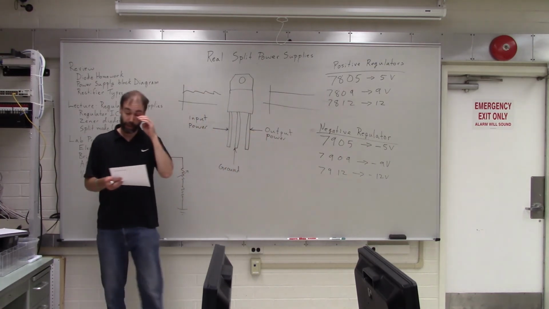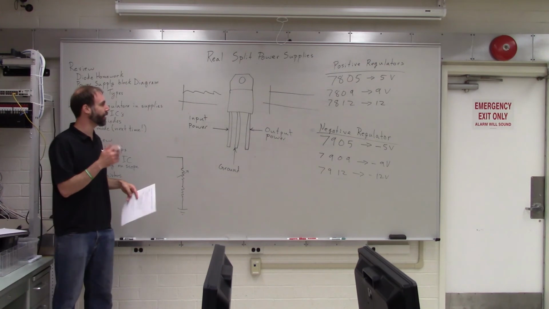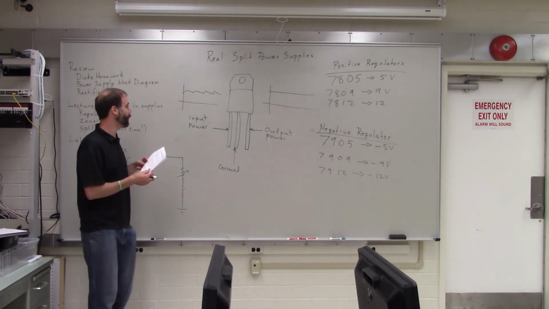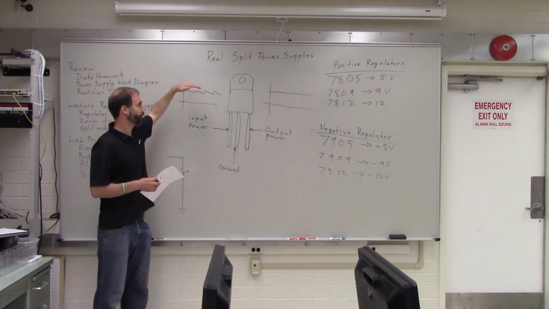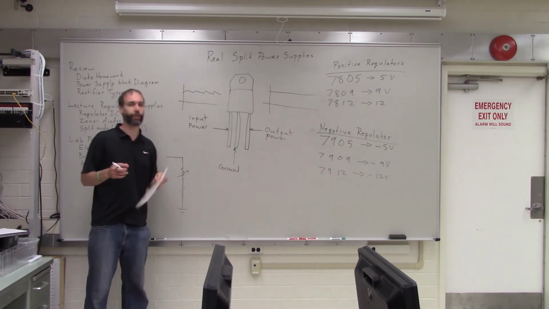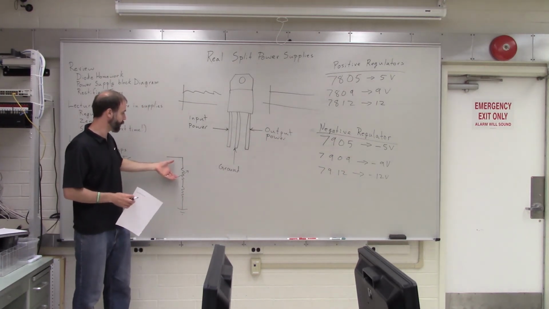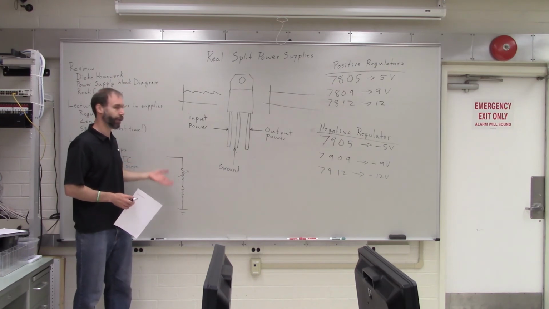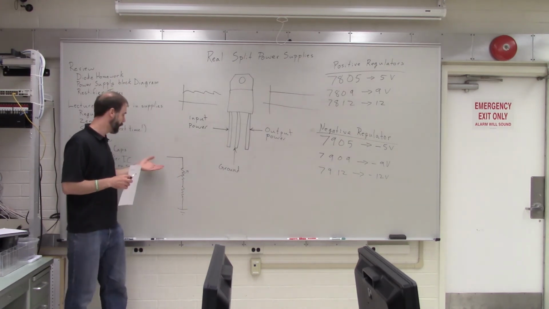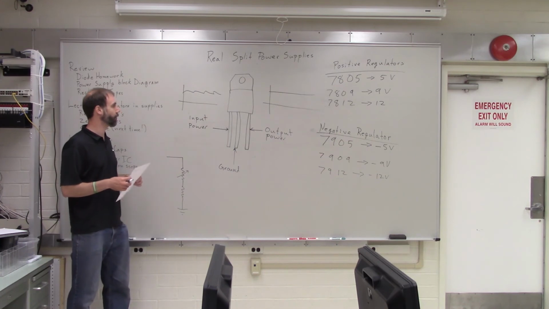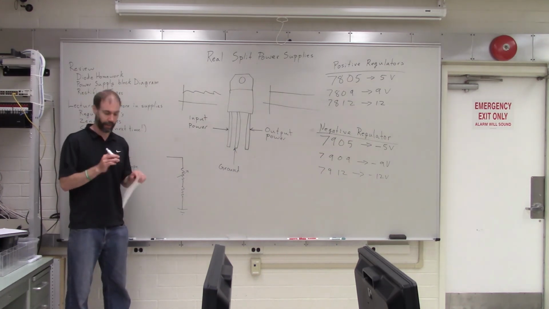Okay, I got you. Yeah, but that brings me to another point. The input voltage always has to be higher than the output voltage, because this is like I said, a voltage divider inside. It can't create more voltage than it gets. So you always have to have a little bit more voltage going in than coming out.